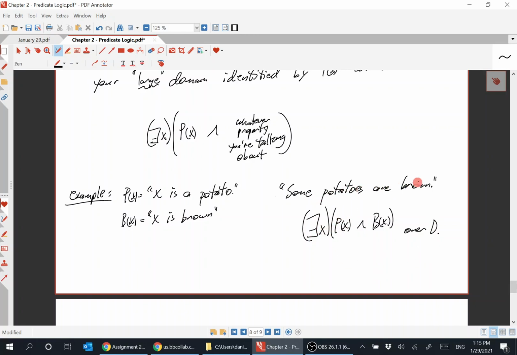I can go to the grocery store right now and find a brown potato. Is this true? Well, there does exist an X in the universe down at the grocery store. That X is a potato. It is true. And that X is brown. So this is true and that's true. It's conjunction. That makes it true.